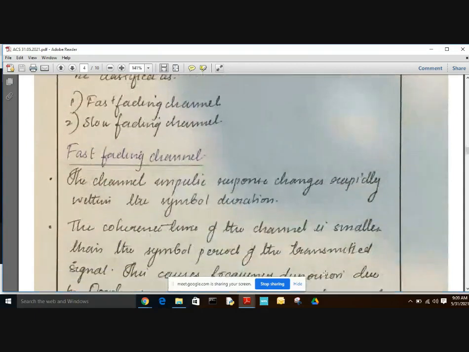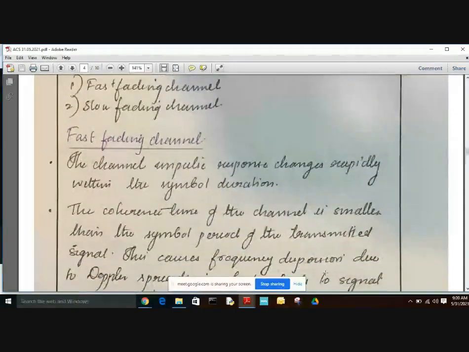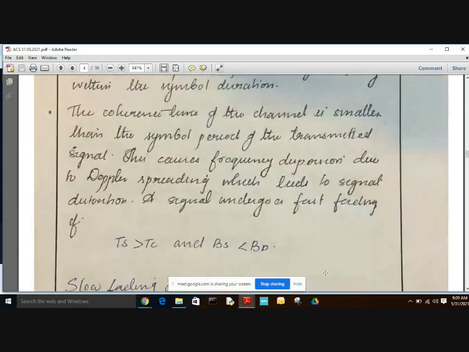And going on to the fast fading channel, the channel impulse response changes rapidly with the symbol duration. Here, in fast fading, the coherence time is less than the symbol period. The coherence time of the channel is smaller than the symbol period of the transmitted signal, and this causes a frequency dispersion due to Doppler spreading, which leads to signal distortion.